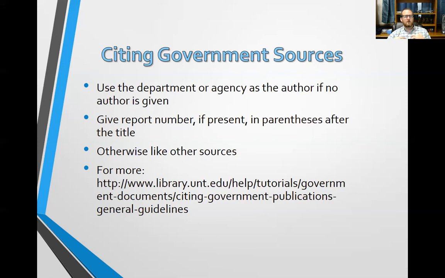Or maybe you're looking at the Bureau of Labor Statistics and you're citing something from that site. Well, from the Occupational Outlook Handbook website, you may find that you're not going to find an author, but that's because the Bureau of Labor Statistics, excuse me, counts as the author. So you're going to use the department or the agency as the author if there's no author listed.